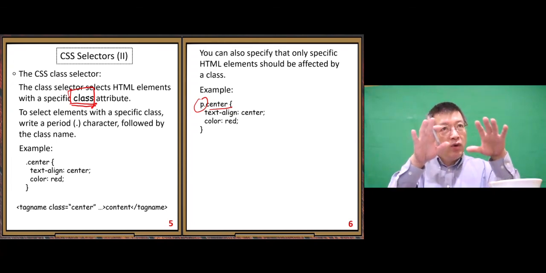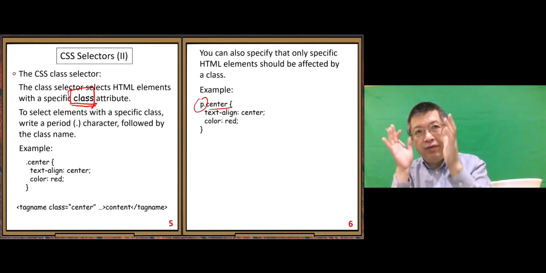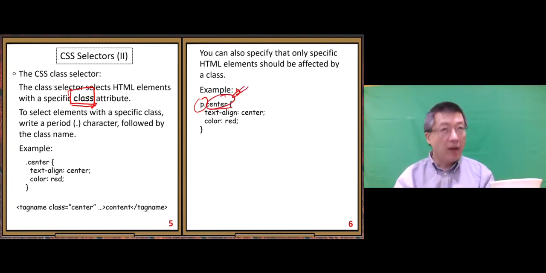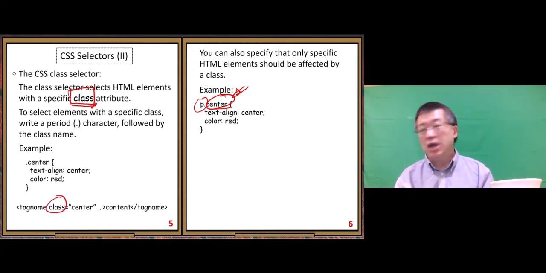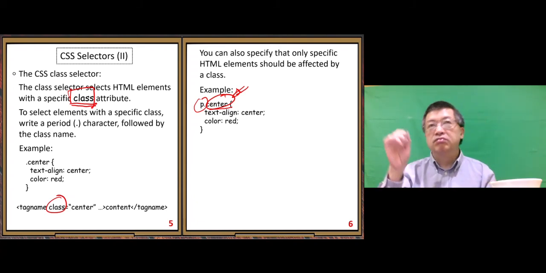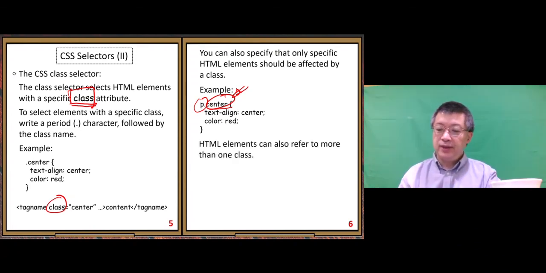Second, within all the p elements, we only apply it on those with the center class as an attribute. Some of them have class attributes, some of them do not.